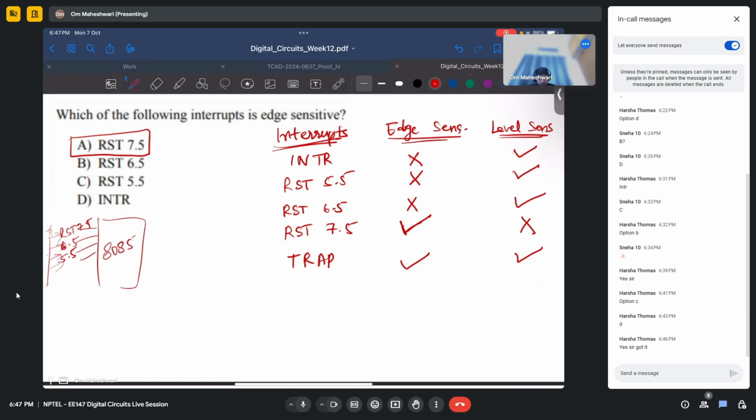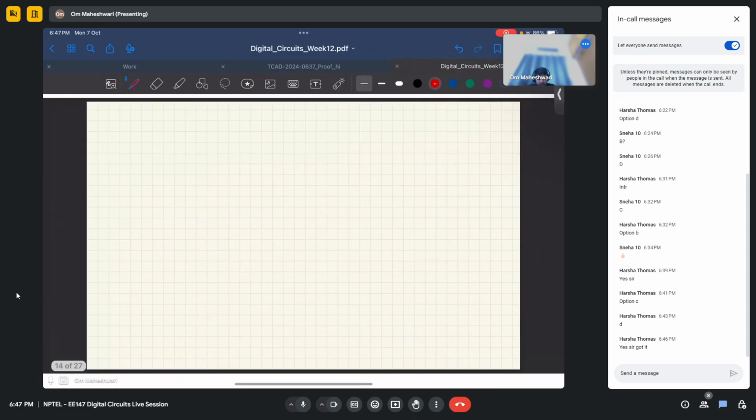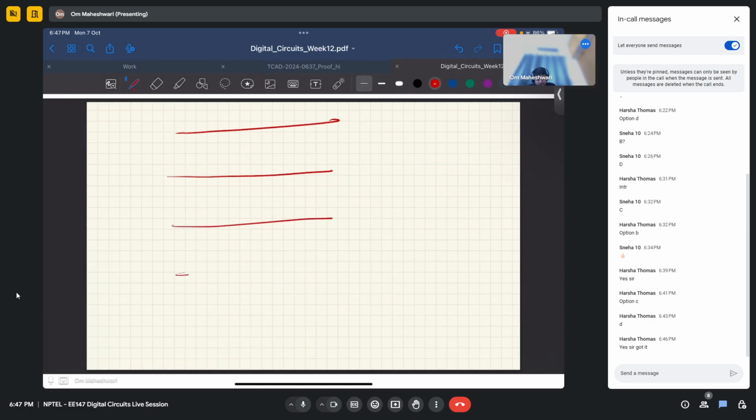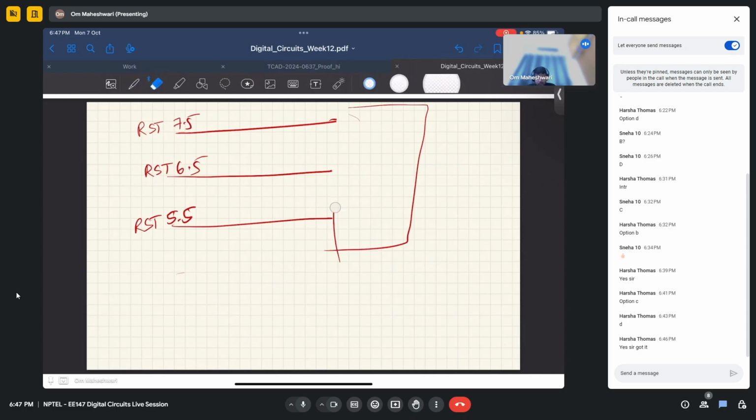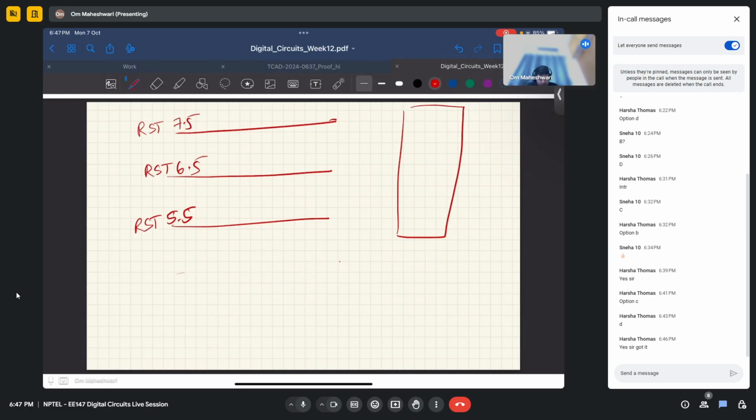Let's say these are the lines of the pins, RST 7.5, RST 6.5, RST 5.5. I'll draw just these three, going into the 8085.